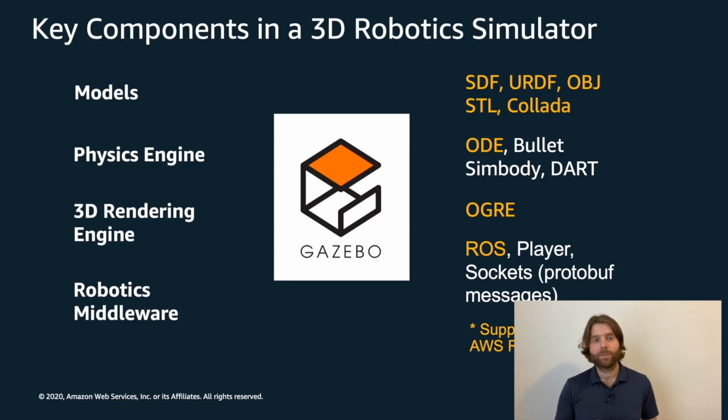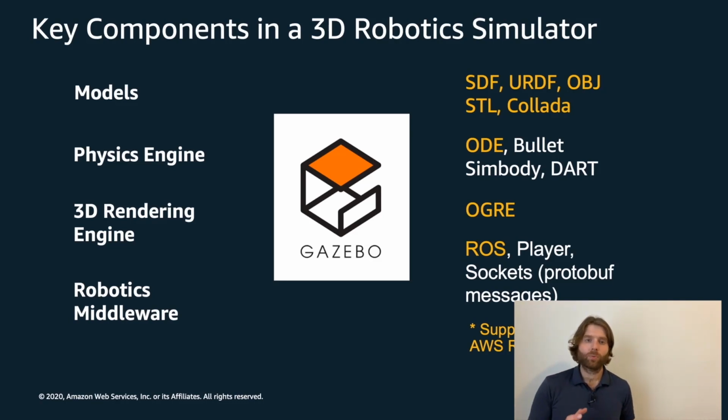And finally, 3D simulators for robotics support a variety of middleware software that can be used to accelerate your robot application development. There are many 3D simulators that are available out there in the community today for robotics development. However, today we're going to discuss Gazebo, which is a commonly used simulator provided by the Open Source Robotics Foundation.